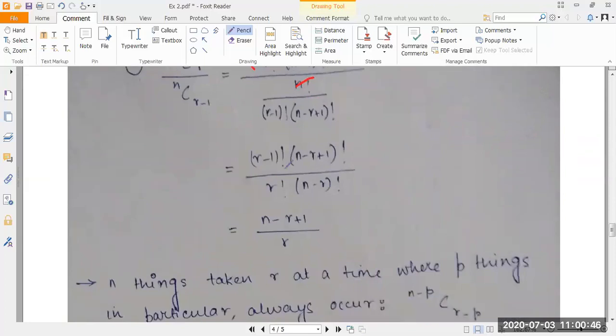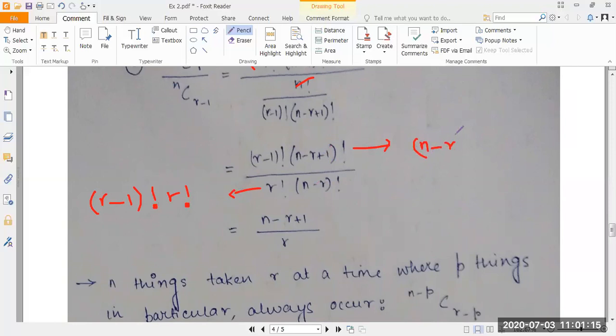Now r factorial is basically (r-1) factorial into r. And similarly, (n-r+1) factorial is essentially equal to (n-r) factorial into (n-r+1).